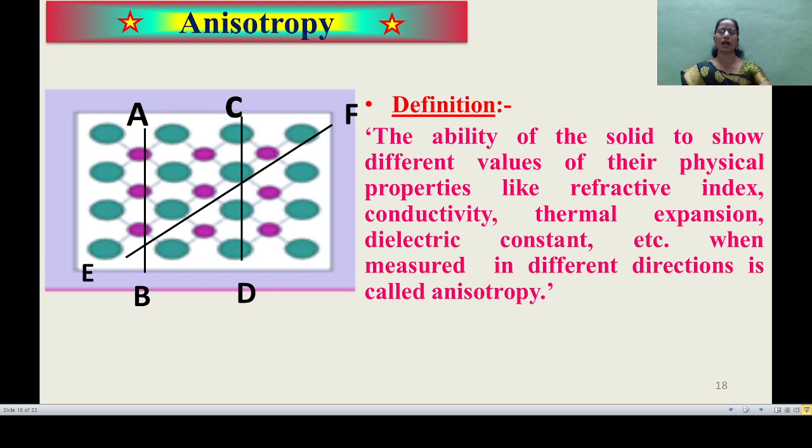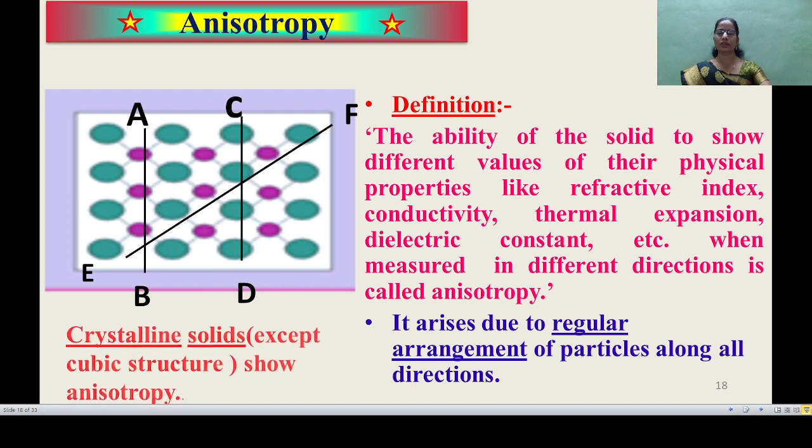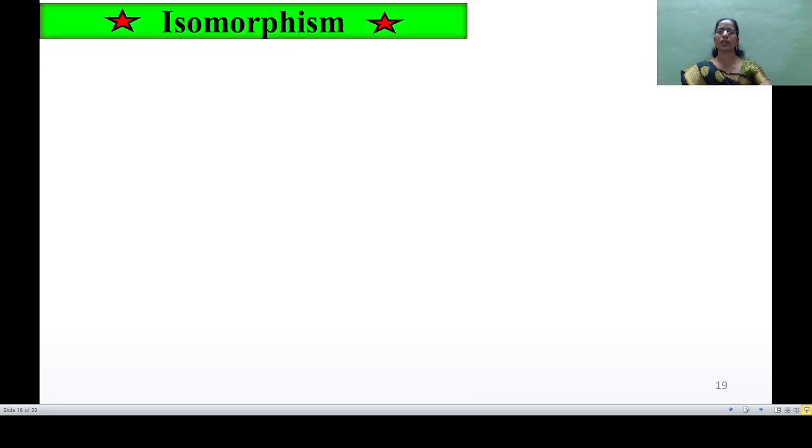Here, this anisotropy arises due to regular arrangement of particles along all directions. We know that this regular arrangement is observed in crystalline solids, and hence all crystalline solids except cubic structure show the anisotropy. Now, we will study the important phenomenon named isomorphism.